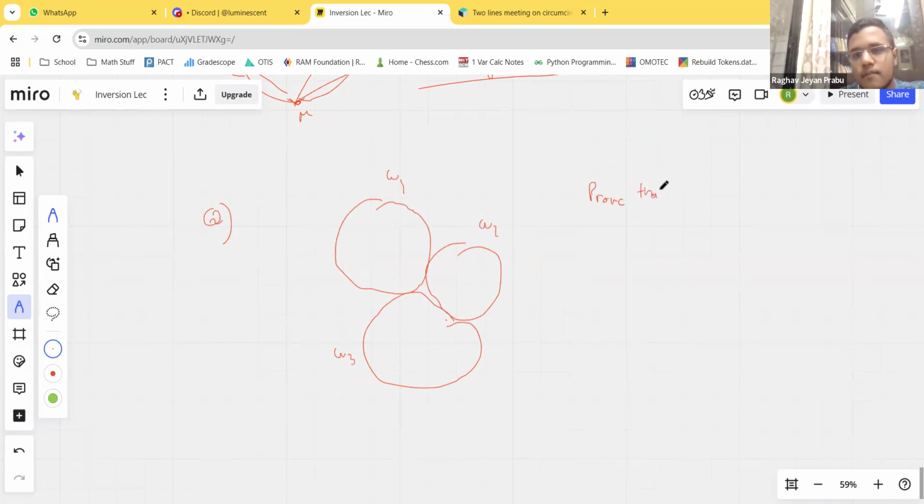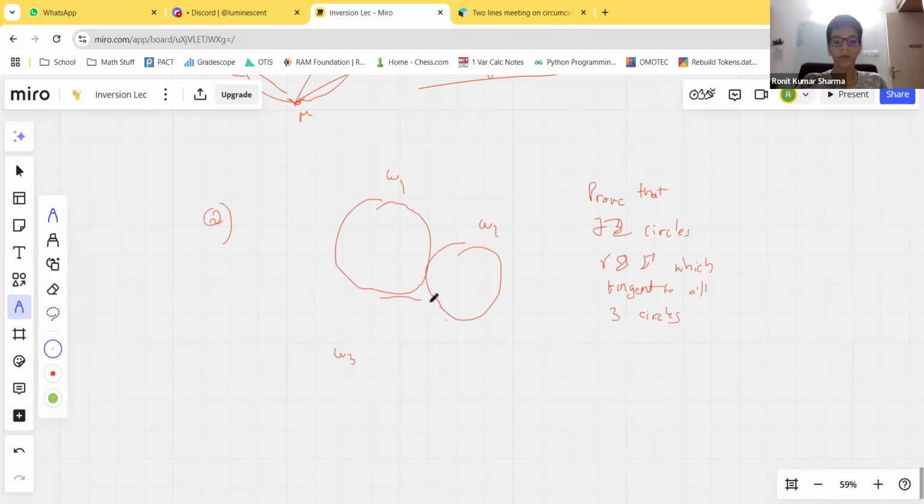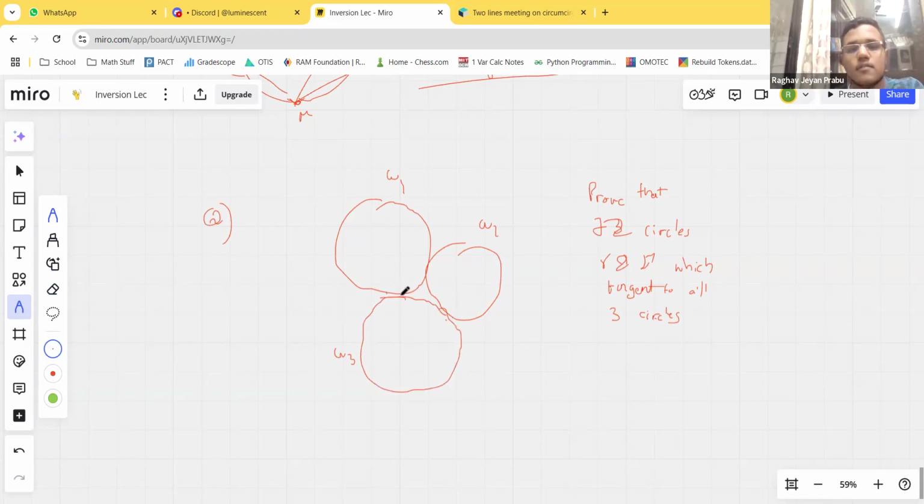Prove that there exist 2 circles, small gamma and capital gamma, which are tangent to all the 3 circles. So one must be internally tangent and one must be externally tangent.